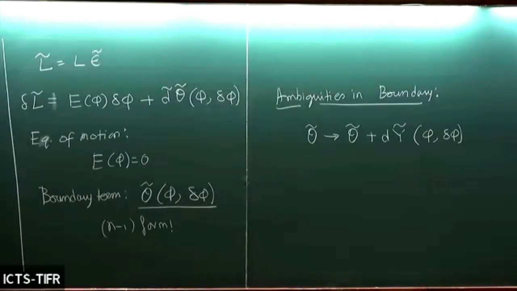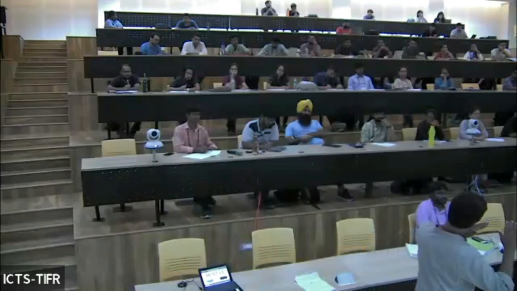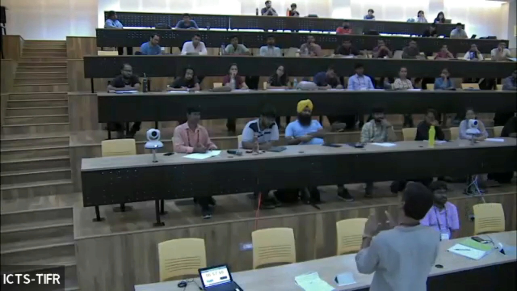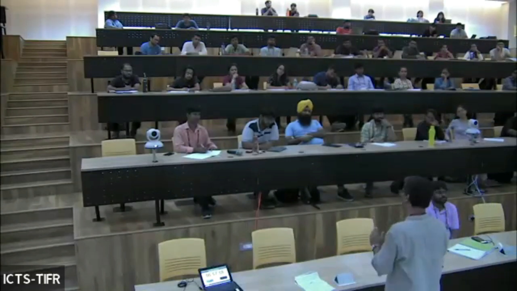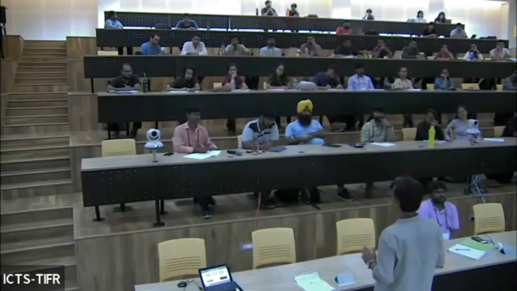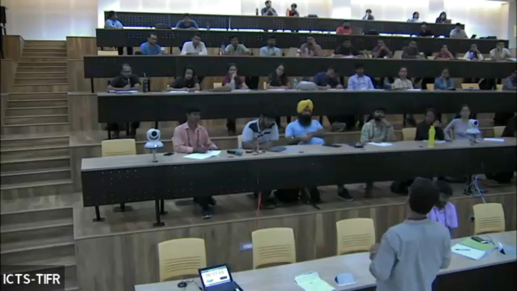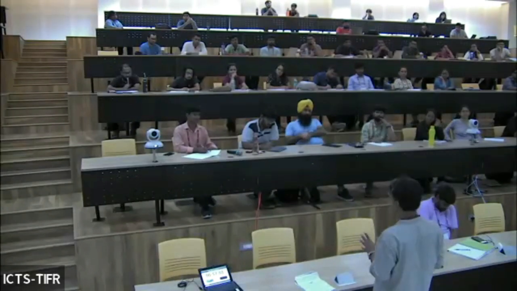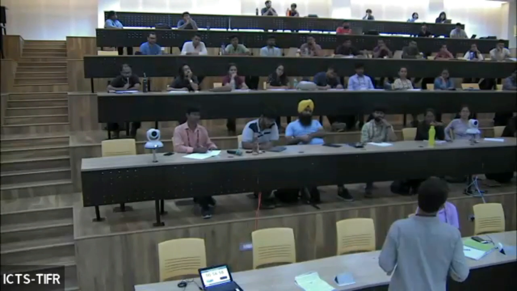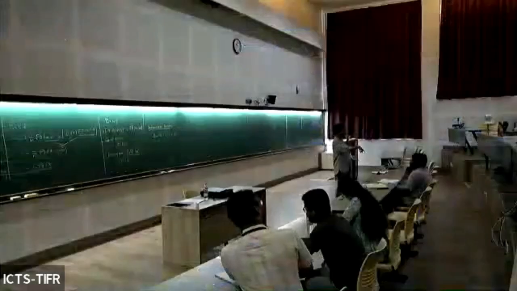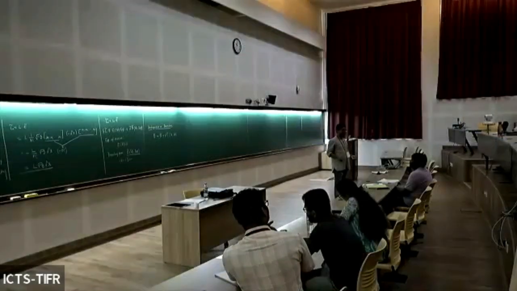But let me put the horse behind the cart. Just to give you, since you have asked. This idea that the Wald entropy is independent of ambiguity requires certain technical assumptions. One of the technical assumptions is that you have to have a stationary black hole horizon, okay, with certain structure called a bifurcation surface, which today in the tutorial, Shubhayu will discuss, okay?